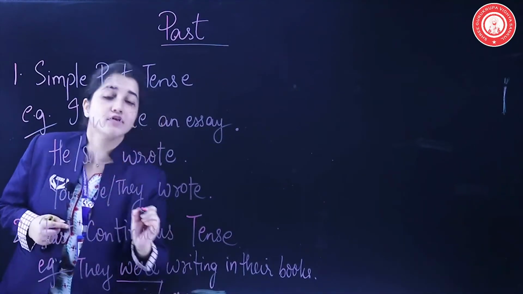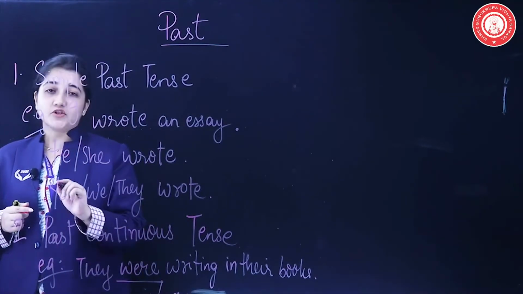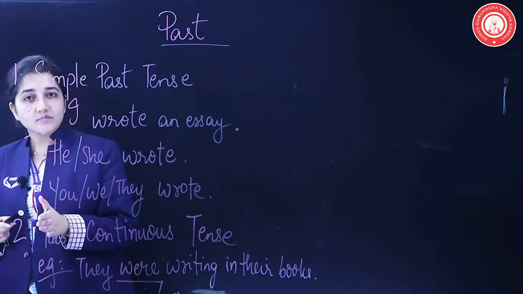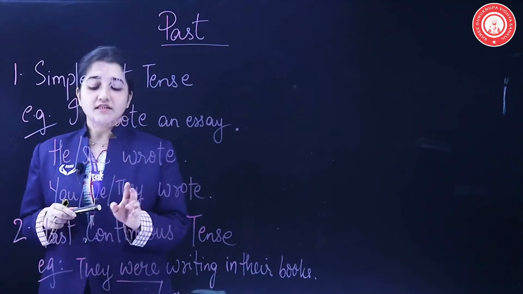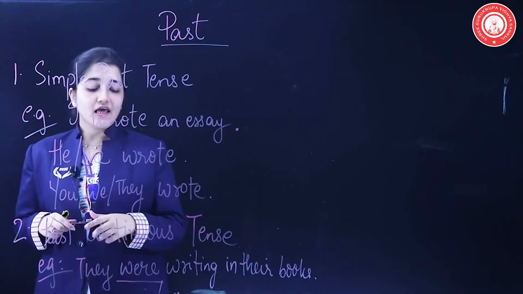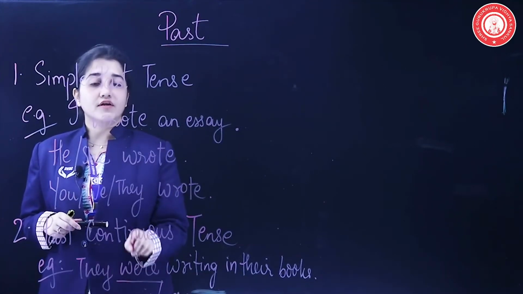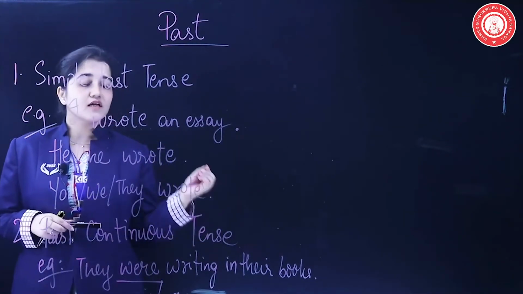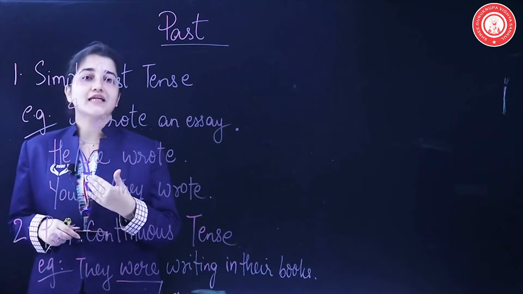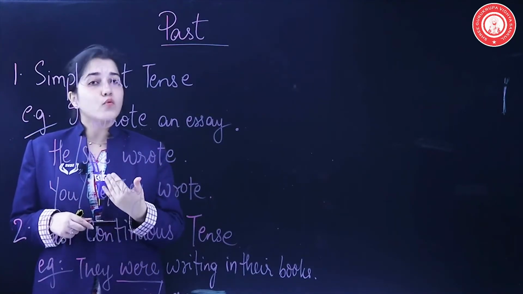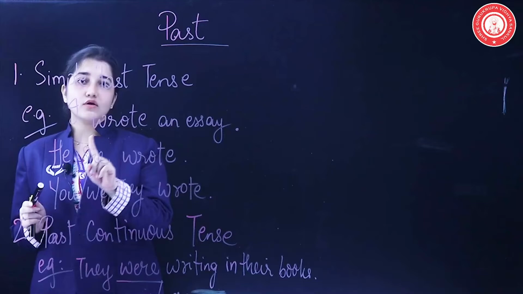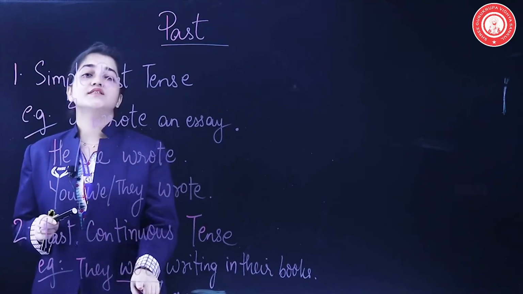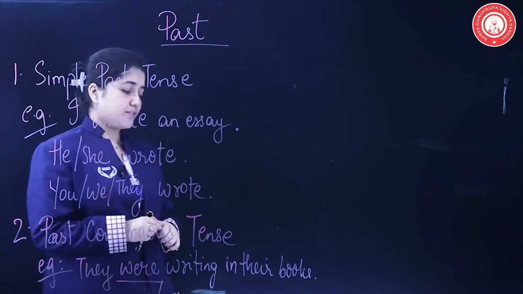That will depend on the subject. Whether it's a plural subject or a singular subject, according to that, we will be using the helping verb. So here, because I have used they, I am using the helping verb were. They were writing in their books. For example, if the subject was I, it will be I was writing in my book. So according to the subject, whether it's singular or plural, you have to remember the usage of the helping verb.